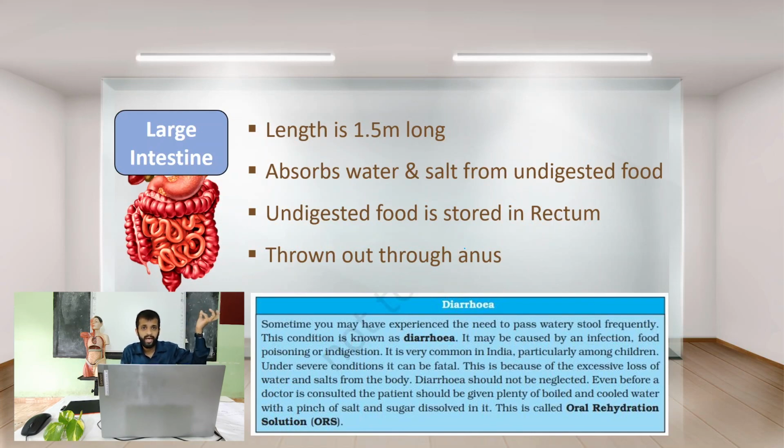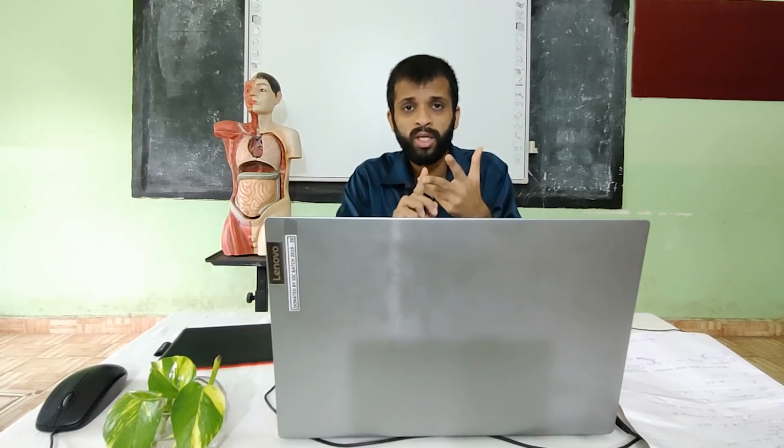So food which entered your buccal cavity has now been thrown out through your anus as waste. What was that word you need to remember? Buccal cavity, esophagus, stomach, small intestine, large intestine, rectum, and anus.